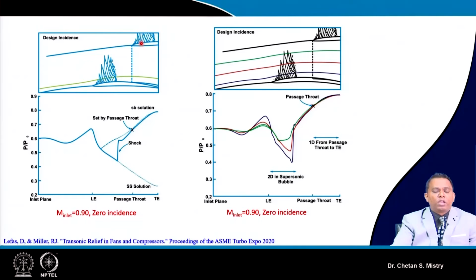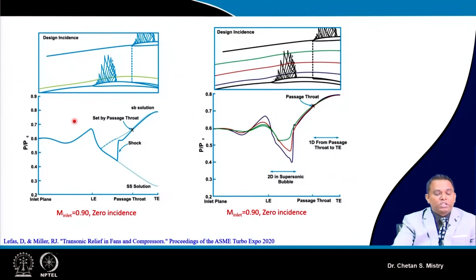Here, these are the two aerofoils, arranged in a stream tube configuration. This represents the acceleration of the flow on the suction surface, which ends with a normal shock here.